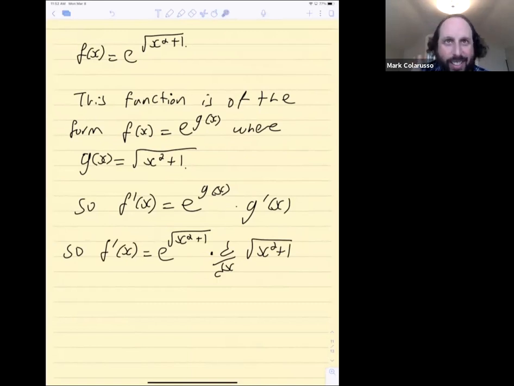Now, this is actually a difficult question if you think about it, because it's a little more complicated than what we've done lately, because now the derivative of g also involves a chain rule, right? So this is actually a question that involves use of the chain rule twice. We use the chain rule once to get this step, as I explained above. Now, this derivative also involves the chain rule.